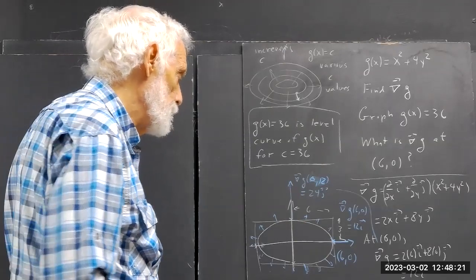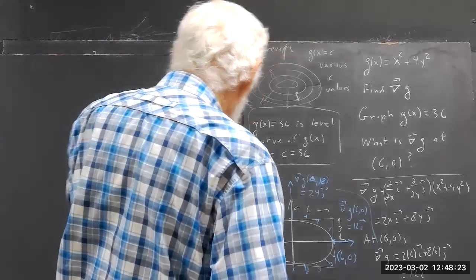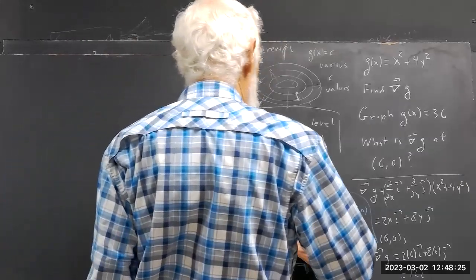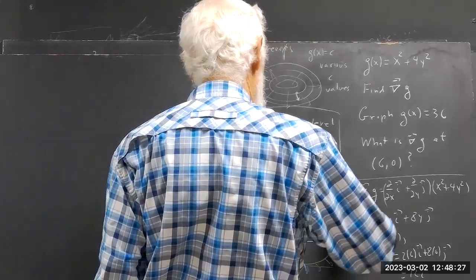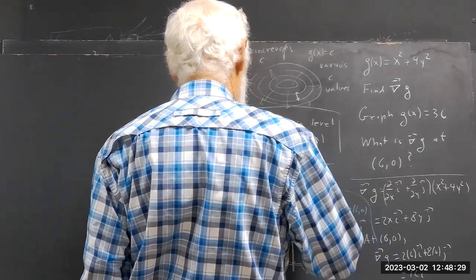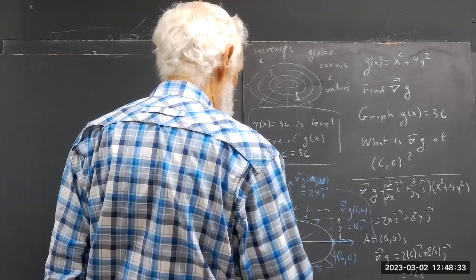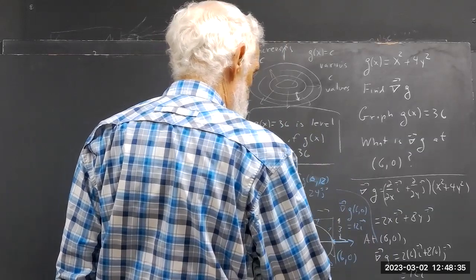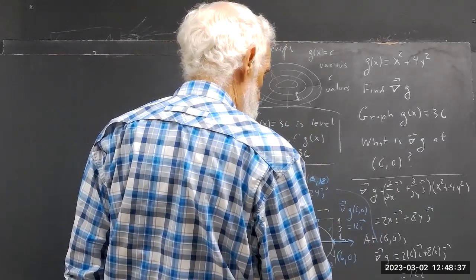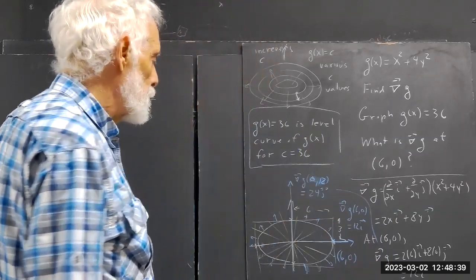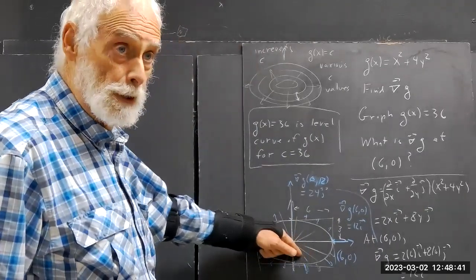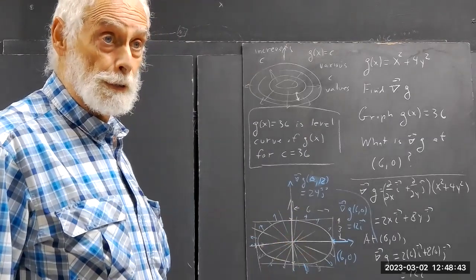I'll take this one step further. If I've got a gravitational field, the direction of the gravitational field is always along one of these radial lines.